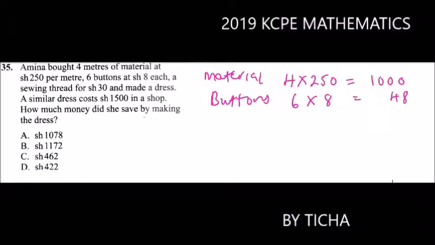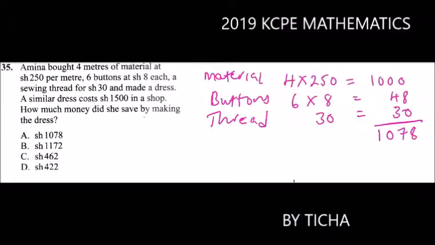Then she bought a sewing thread of 30 shillings. So we can just say thread, at 30 shillings. So you add 30, that equals, you add this, you get 8. This is 7. This is 0, and that is 1. So that is the amount that Amina spent.